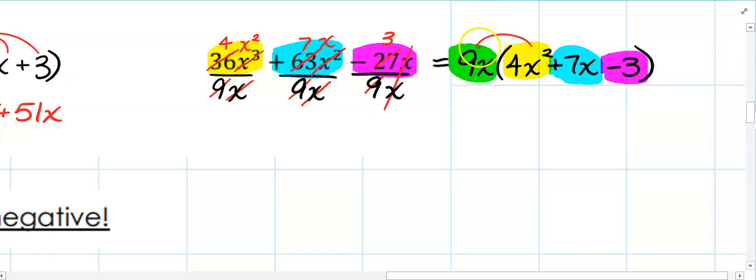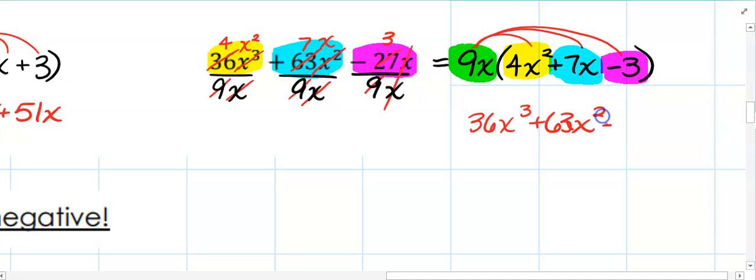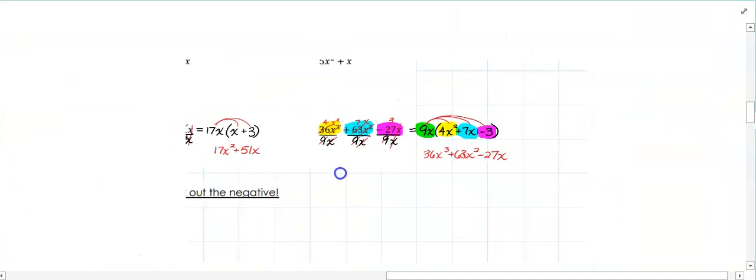Again, if you were to distribute this 9x, you would end up with 36x to the third plus 63x squared minus 27x, which is exactly what we started with.